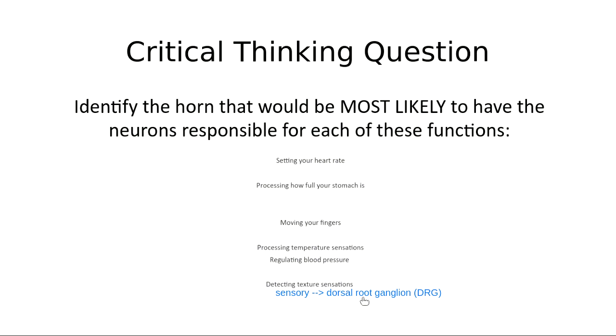So I did go tricky on purpose to help us remember that when I talk about detecting something, detecting is the job of a sensory neuron, and sensory neurons don't live in the spinal cord. So we use this word detecting to give us an idea of what the functional classification of my neurons was.